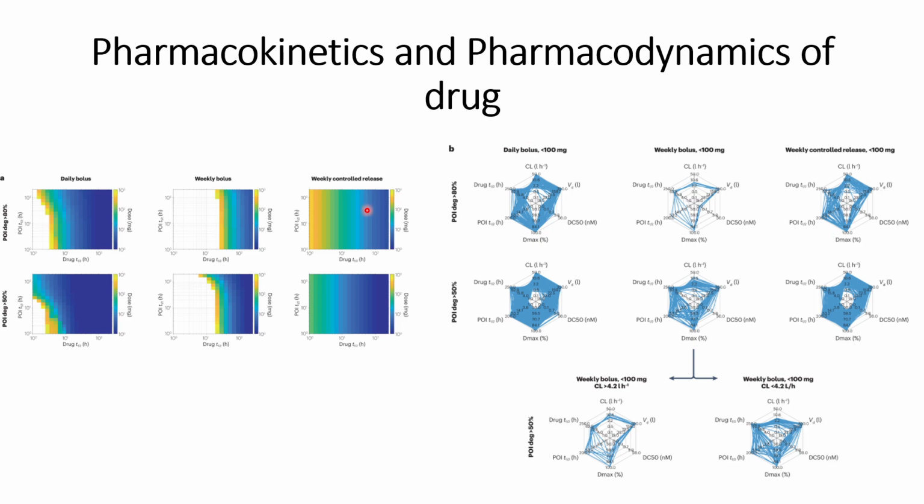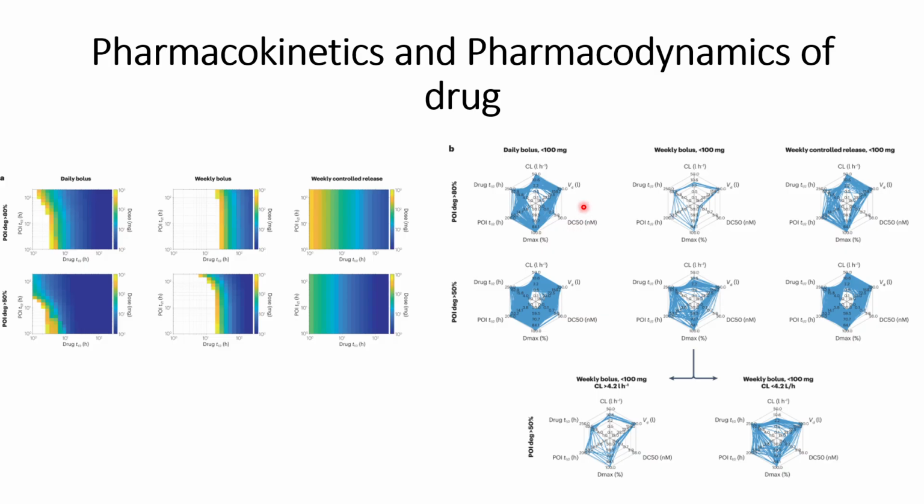Here we need to trade off and see which region gives us the optimum results. In panel B we can see a similar thing, but in the spider plot. Here, for the protein of interest degradation greater than 80%, the half-life period is shown on this axis, and the drug half-life period is shown on this axis. Similarly, the clearance level is also shown for the degrader, along with the DC50 and the Dmax.